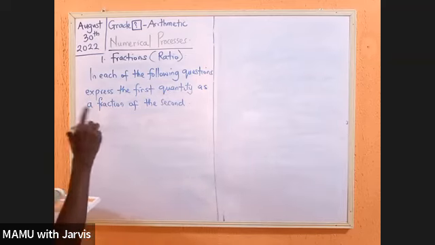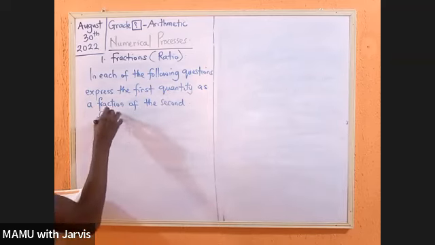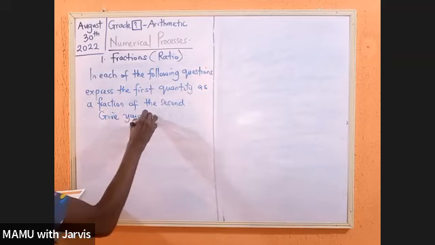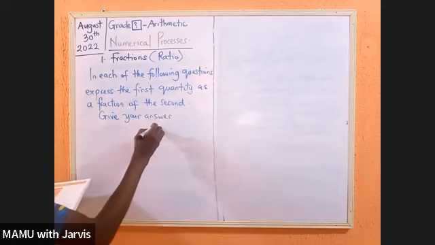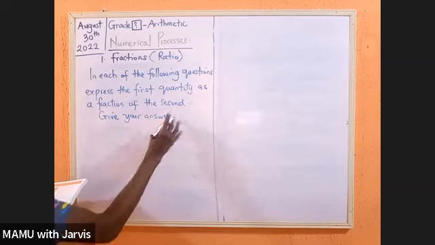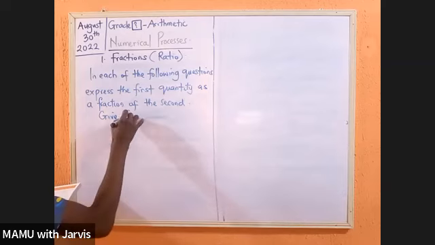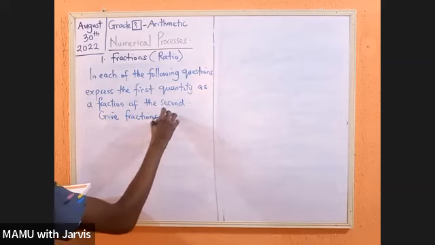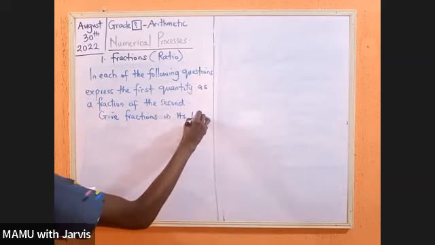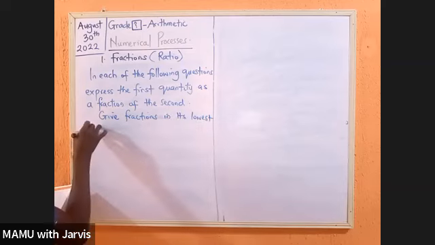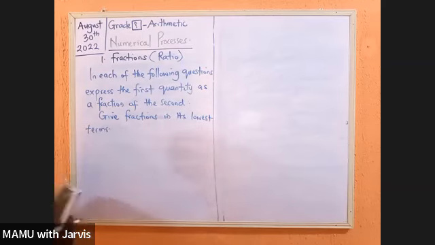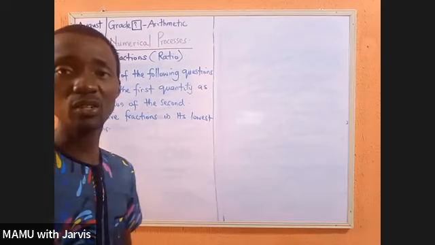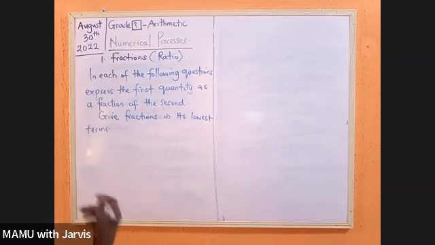Maybe I should write that on the board. Now, the other instruction says give your answer, or give the fractions, in its lowest terms. All right, so every time we handle a question on ratio, we're expected to give the answer in its what? Lowest term.